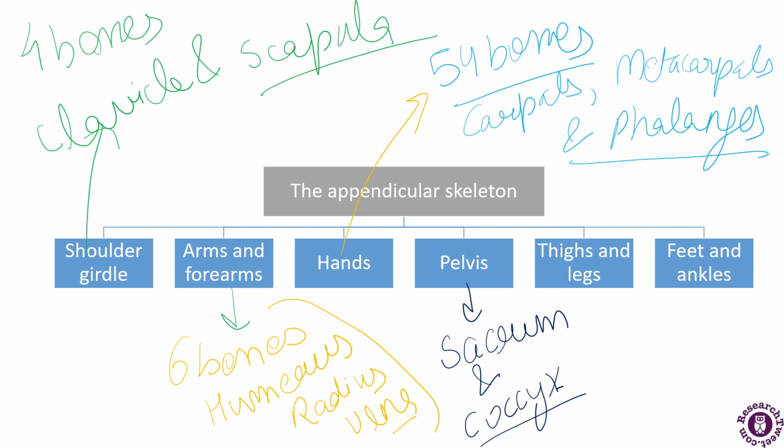The next is about the thighs and legs. They are part of the appendicular system, which supports the muscles of the lower limb.